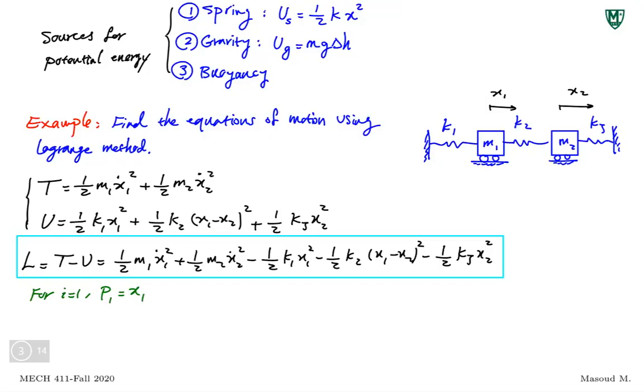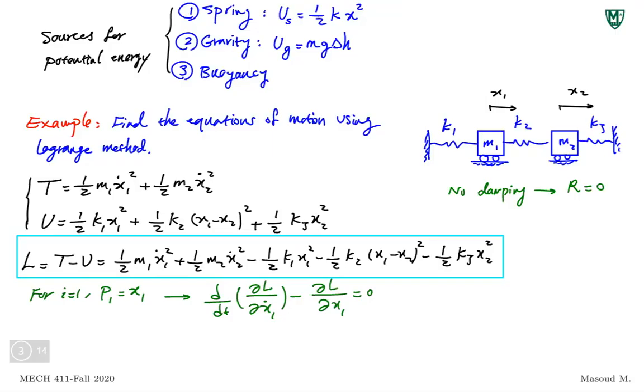So the Lagrange general form is d/dt. Remember, we know there is no damping, so R is equal to 0. We don't need to worry about the term for Rayleigh's function. That term becomes 0. So d/dt of partial L partial x1 dot, minus partial L partial x1, is equal to 0. That is what the general Lagrange equation becomes.